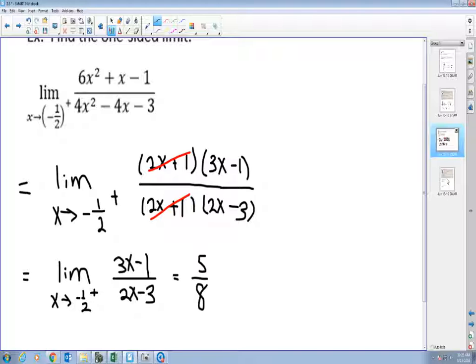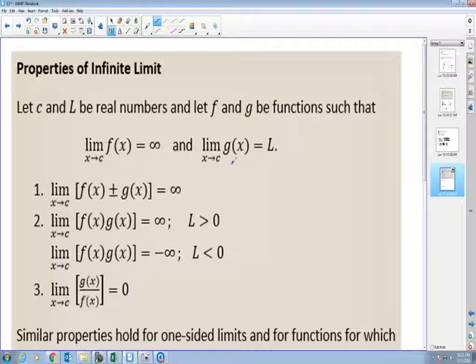Now let's take a look at some of the properties of infinite limits. So let c and L be real numbers, and let my functions f and g be such that the limit of my function f as x approaching to c is infinity. The limit of my function g as x approaching to c is L. Okay. So let's think about this.